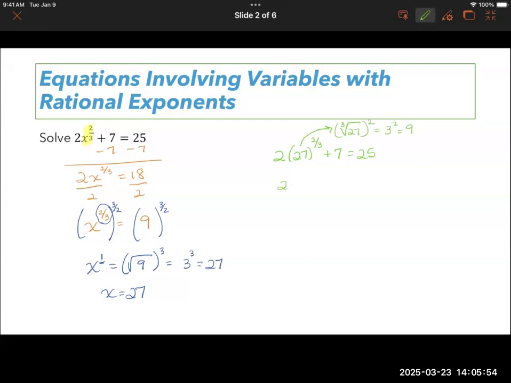So I have 2 times 9 plus 7. And we want to know if that's really equal to 25. Well, this is 18 plus 7. And 18 plus 7 is indeed 25. So yes, it really does work. And x equals 27 is my solution.